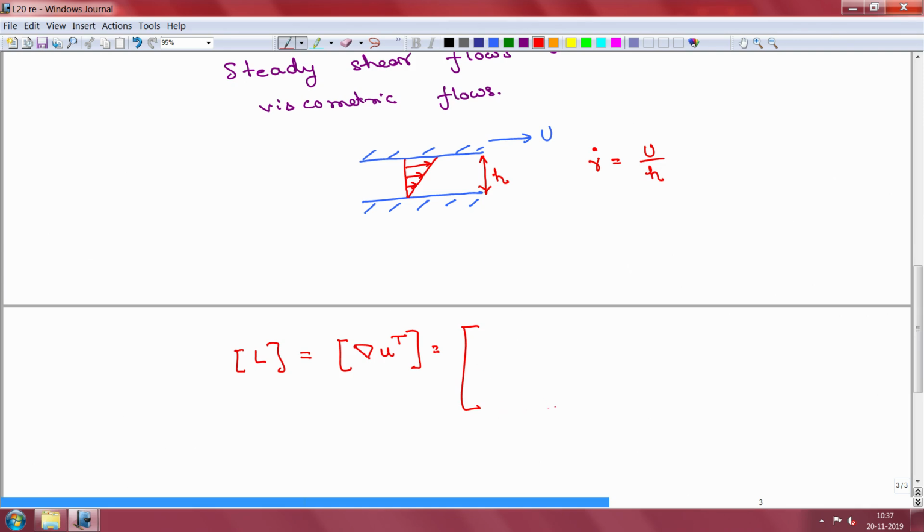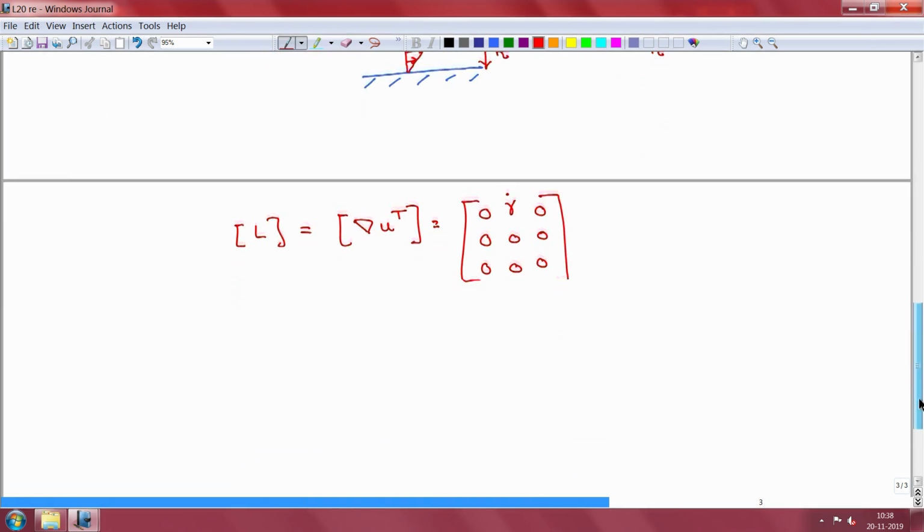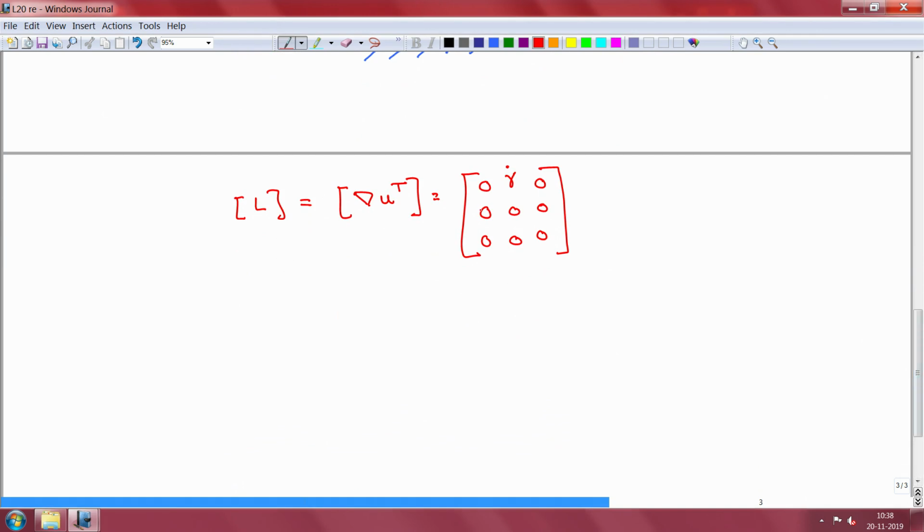It will have all zeros at all locations except for one entry, the second entry here. The rest of these entries will be 0. You can probably see that, since the rest of the velocities are 0, all the derivatives are also 0. This is the velocity gradient tensor.